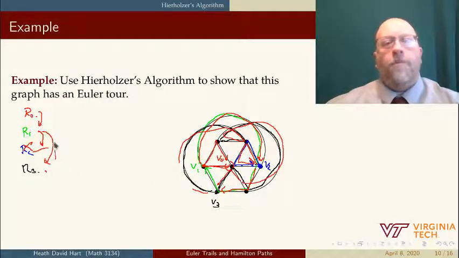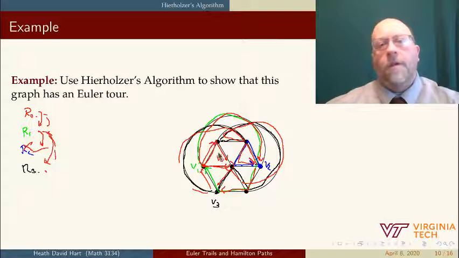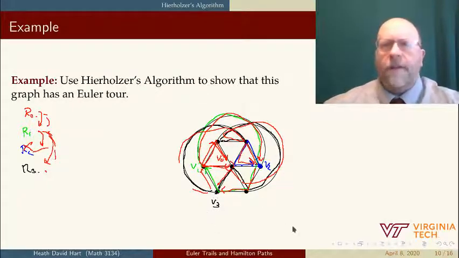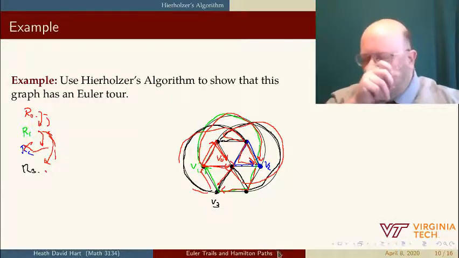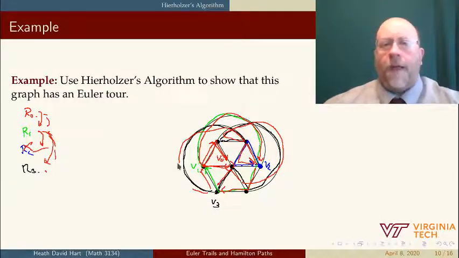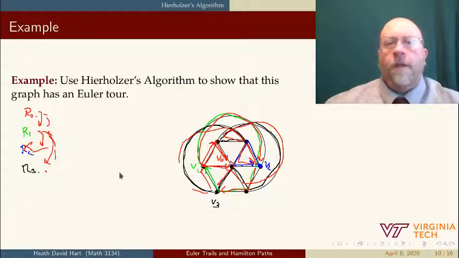So now I push back and finish R1, and then I pop back up and finish R0. And that gets me a path that goes all the way through the graph and comes back to my starting point. It's a little tricky, but once you get through a few examples, you see how it works. It is definitely a recursive type of algorithm, though.